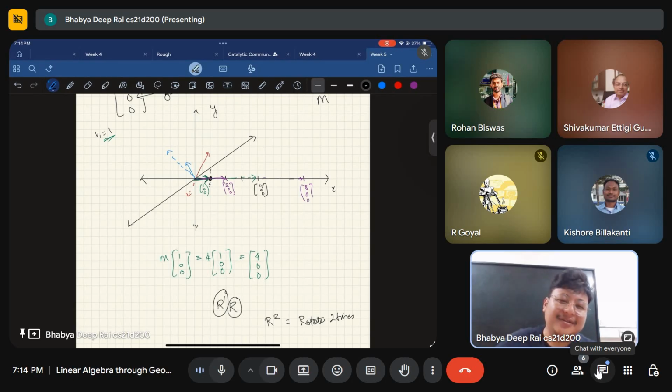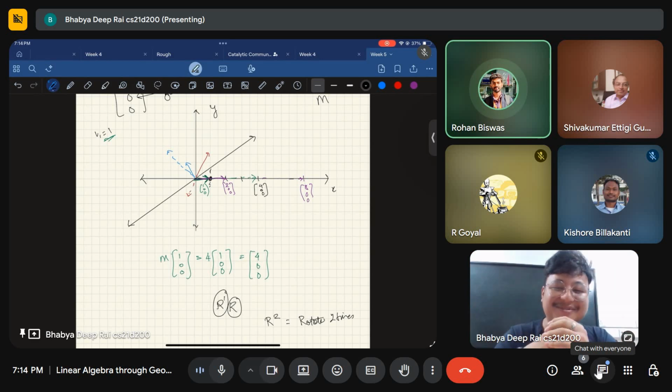I was just asking, does every matrix have a defined period? No, it does not happen for every matrix, only a few classes. Right, so not all matrices are periodic matrices. Only periodic matrices have a defined period, which you are looking for.